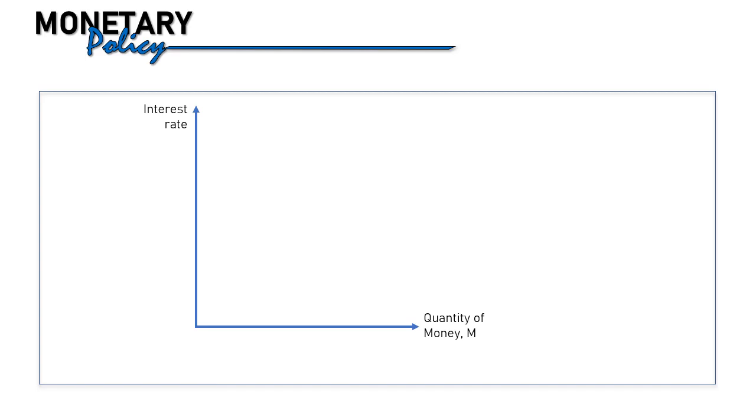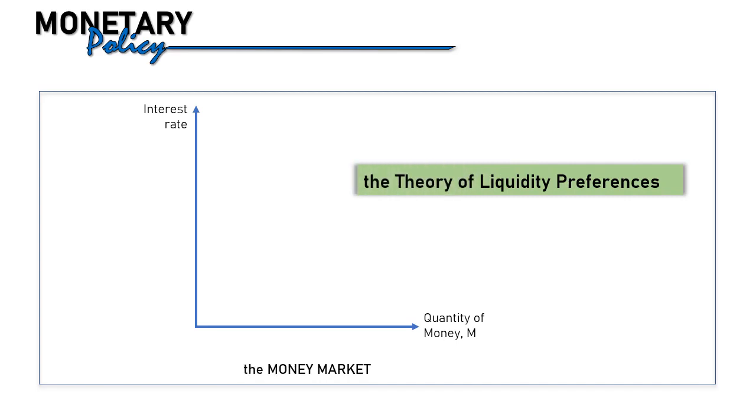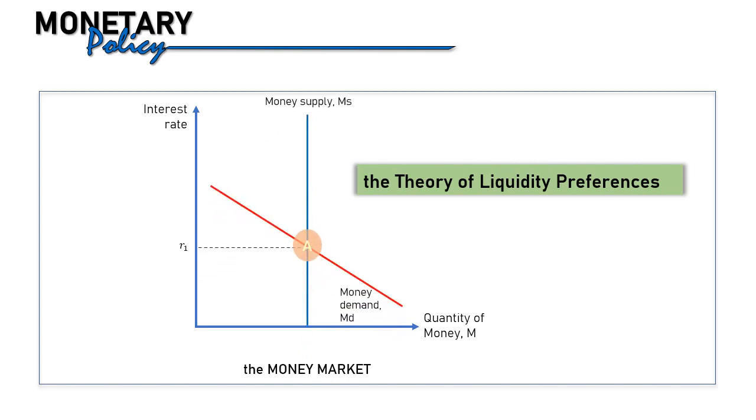The theory we use is called the theory of liquidity preference from Keynes. According to this theory, interest rate is determined from the interaction between money supply and money demand. So the point A here, what interest rate? Well, we can use both.